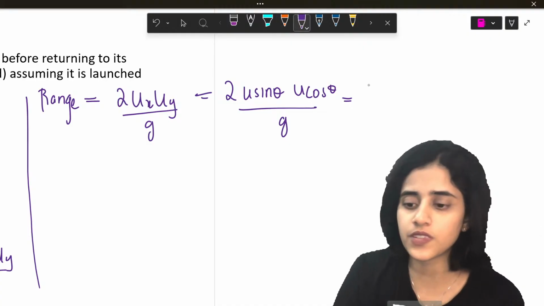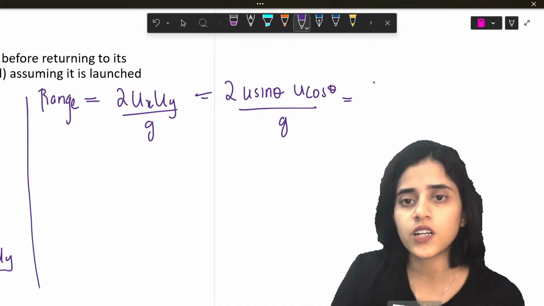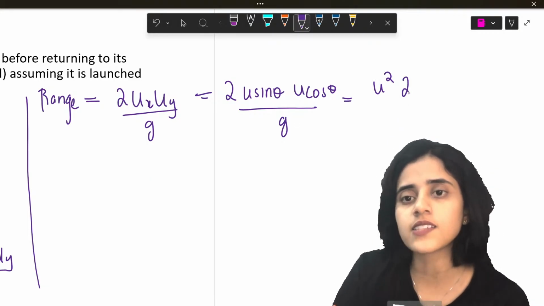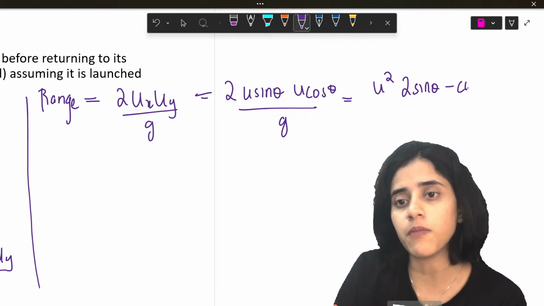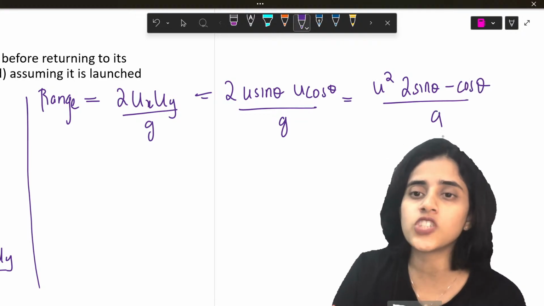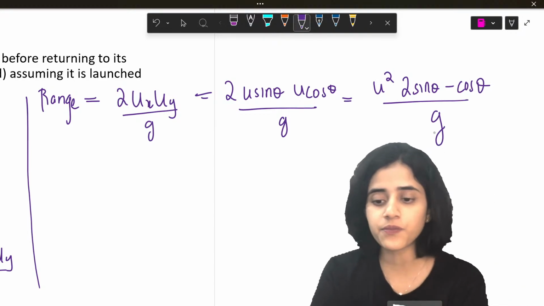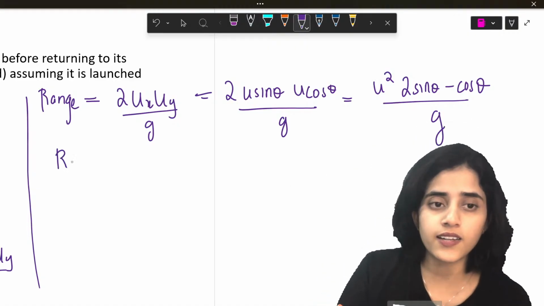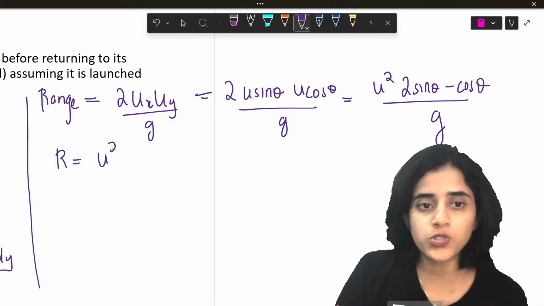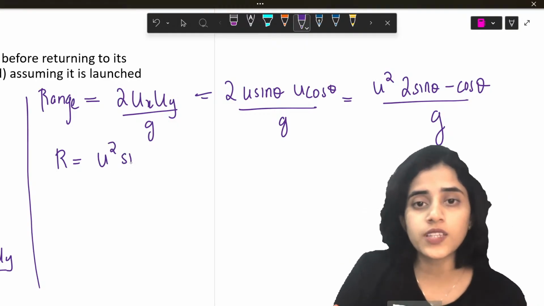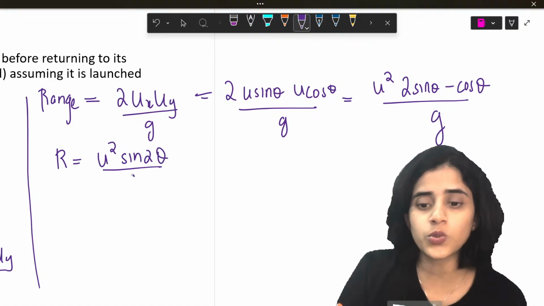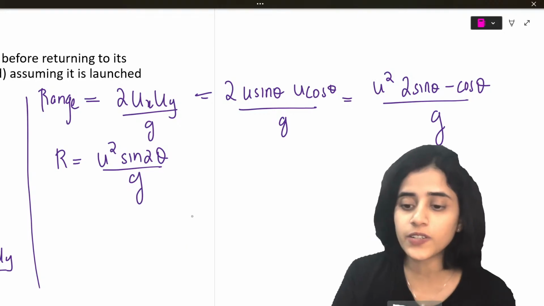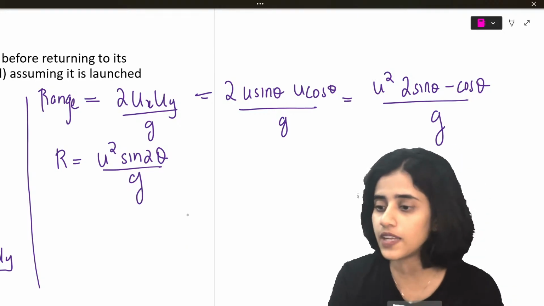Can I write it like that? Yes. So I can also write it as R is equal to u square sine 2 theta by g. So this is my final formula.